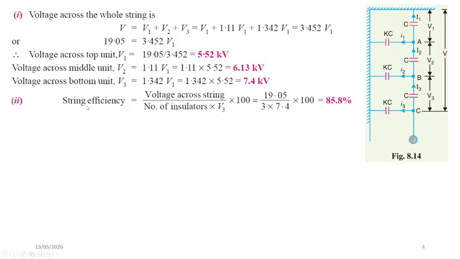As you know, the string efficiency is equal to the voltage across the string divided by the number of insulators times the maximum voltage, V3. So it is equal to 85.8%, which indicates the degree of voltage imbalance in this system.